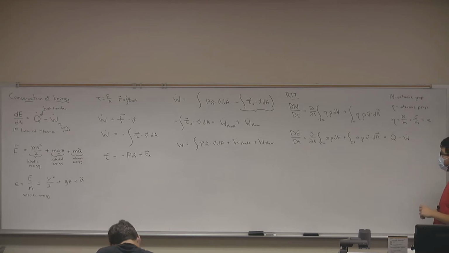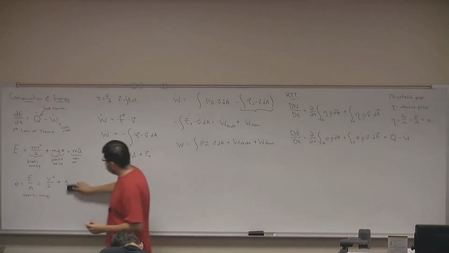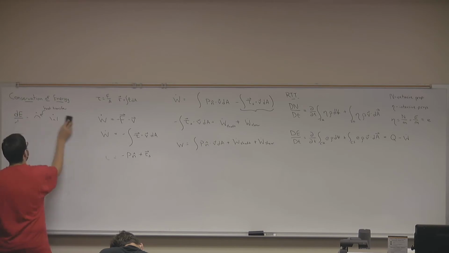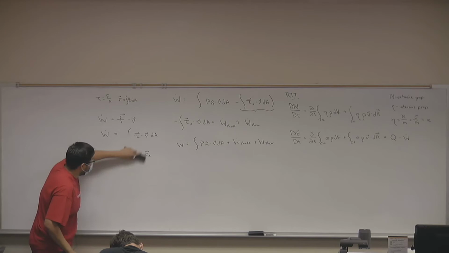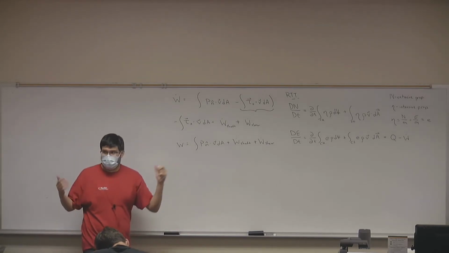Okay? So let's go ahead and start deriving our simple form of the energy equation. Now, it goes without saying, but I will need your help deriving this form because I would like for everybody to take part in the wonderful world of deriving equations.